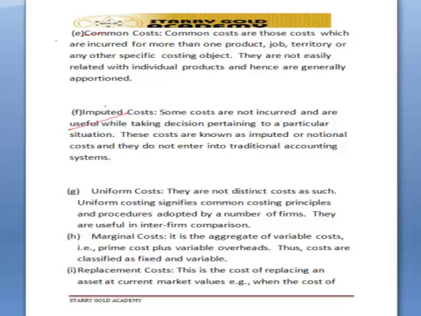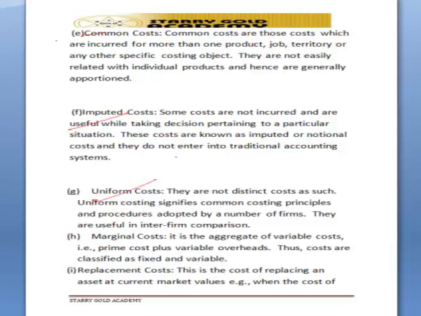Now we also have what we call uniform cost. They are not distinct costs as such, so there is not a new cost per se. Uniform costing signifies common costing principles and procedures adopted by a number of firms.